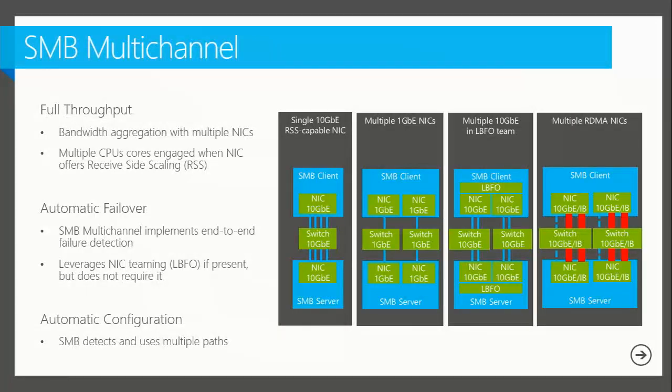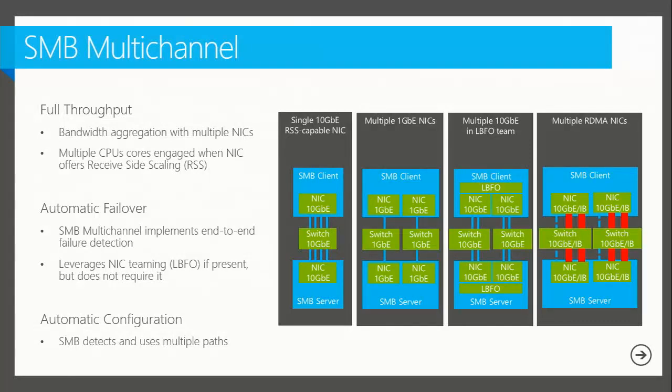Because what happens is when you're doing TCP/IP with a single connection, the way the stack works is that it will affinitize with one of the cores. So if you have a machine with 16 cores, and you're doing a file transfer with a single TCP connection, you're only engaging one of your 16 cores. Now, if you have 4 connections, you will engage 4 cores.